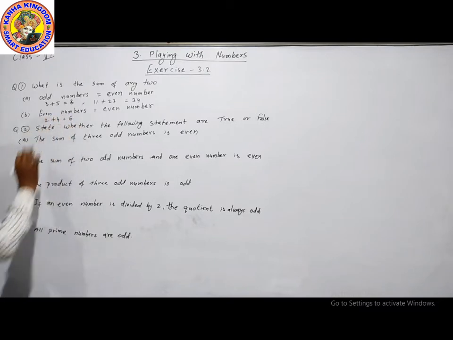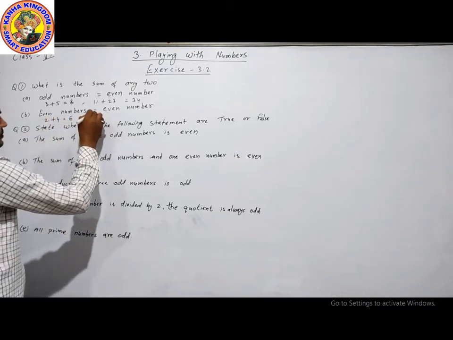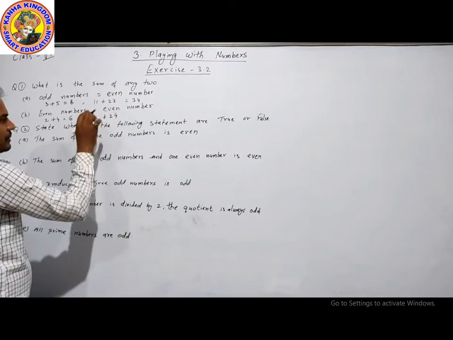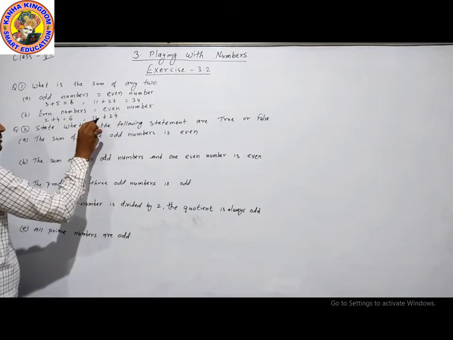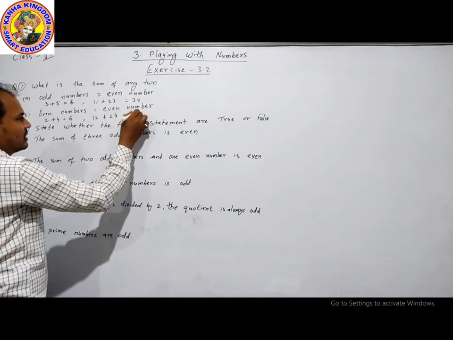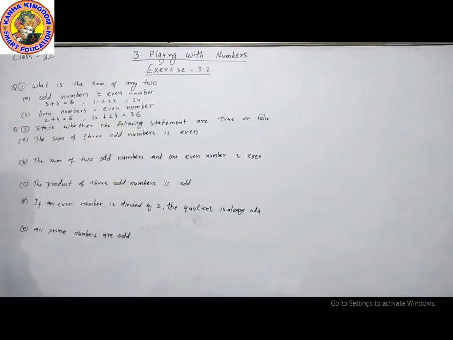The answer is 6. 6 is also even. Another example, 12 plus 24. 12 is even, 24 is even. The answer is 36. 36 is also an even number.